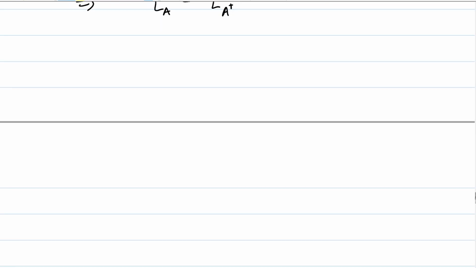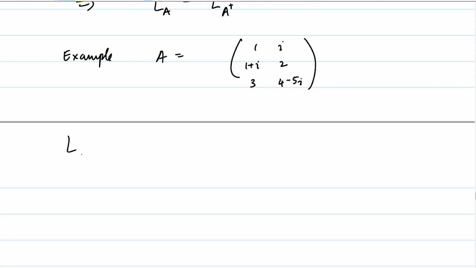So in particular, for example, if A is the matrix with rows 1, i, 1 plus i and 2, 3, 4 plus 5i, 4 minus 5i, let's see, then what is going to be L_A of, say, z1, z2?